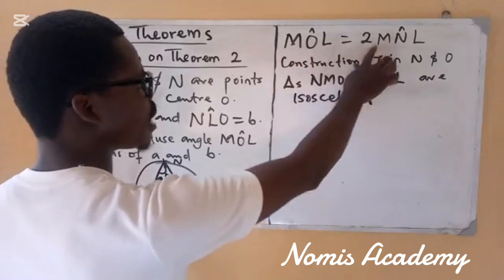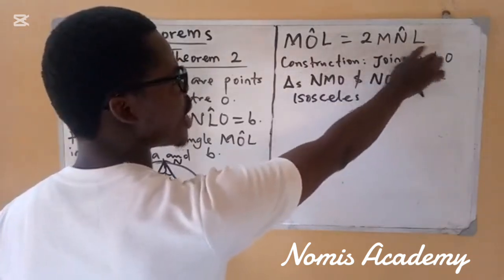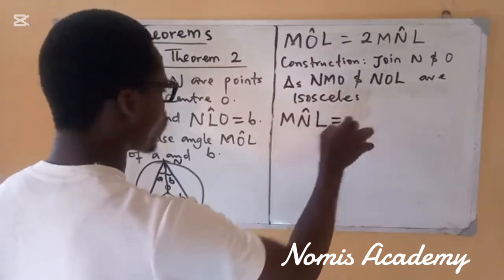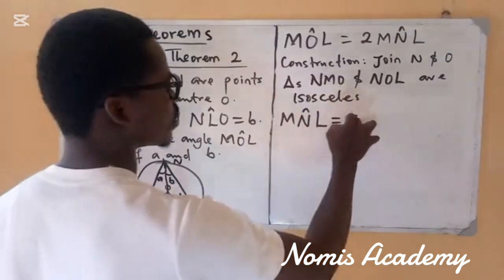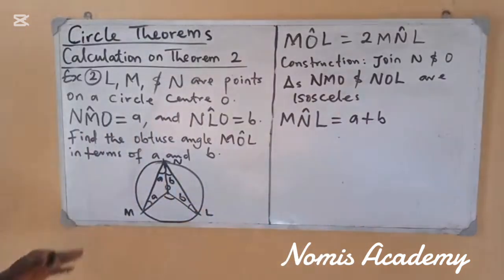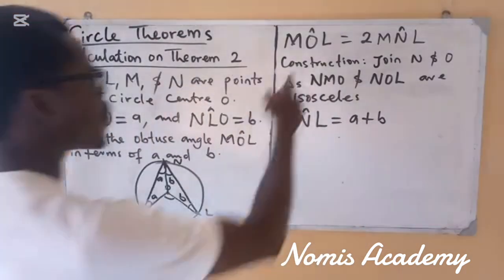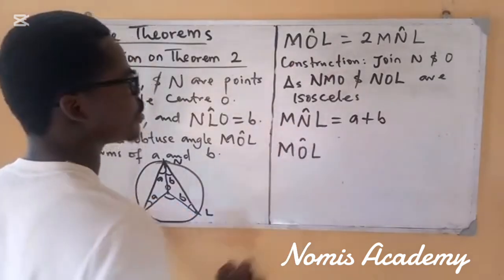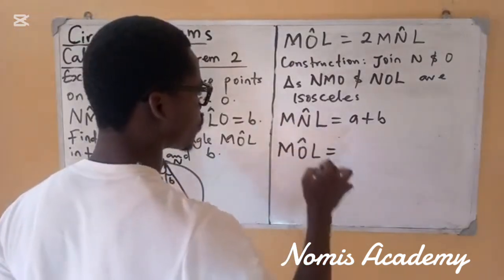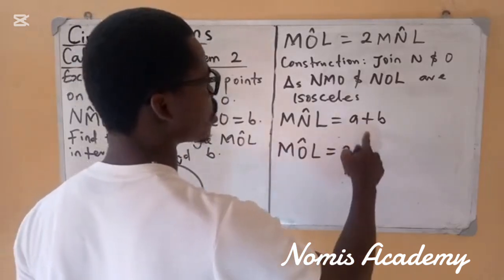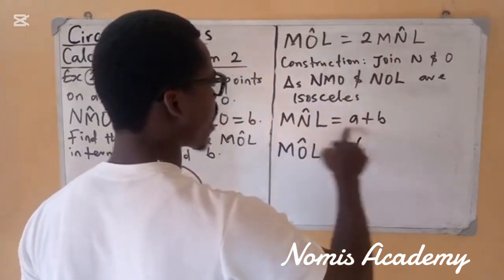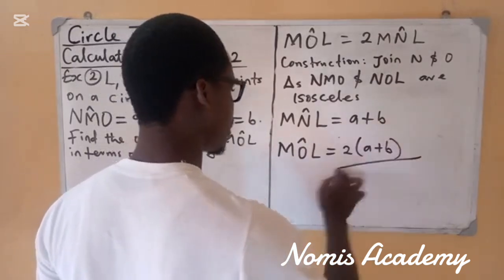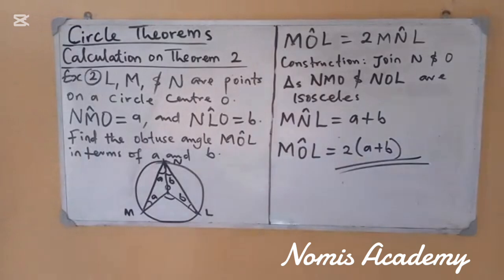Remember we are asked to find MOL. Since we know that MOL is 2 times MNL, first and foremost, MNL is equal to A plus B. So to find MOL, MOL is equal to 2 times what we have as MNL, A plus B. So this is the final answer according to the question.